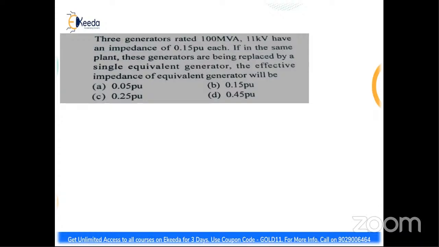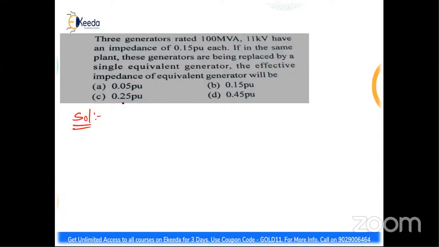If in the same plant, these generators are being replaced by a single equivalent generator, the effective impedance of the equivalent generator will be: 0.05 pu, 0.15 pu, 0.25 pu, 0.45 pu. So there are 3 generators, rated 100 MVA 11 kV, each having an impedance of 0.15 pu. So let us solve this.